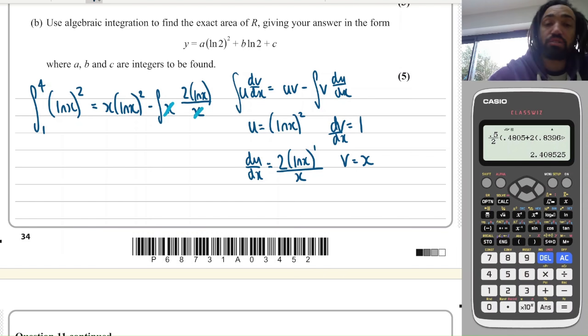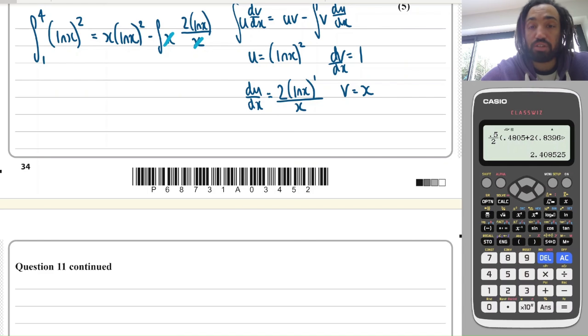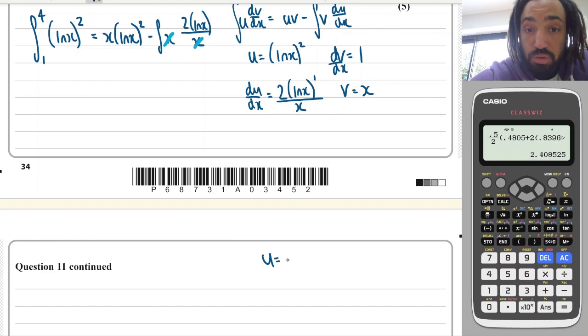So I just need to integrate 2 ln x. Okay, so I'm going to do that below. The integral of 2 ln x, we'll have to use integration by parts again. So I'm going to let u equal ln x, and let's make dv by dx equal to 2.